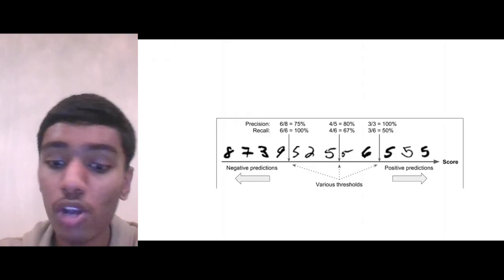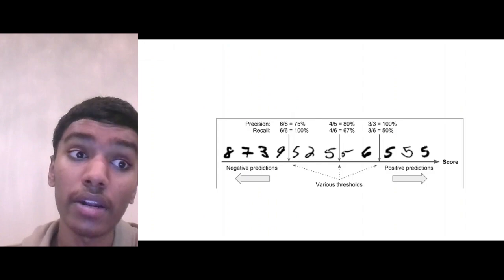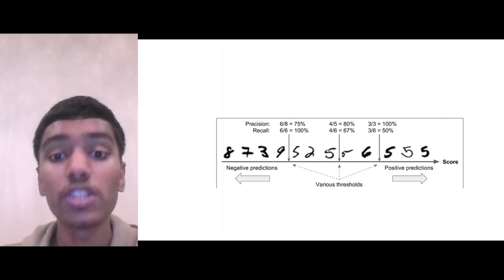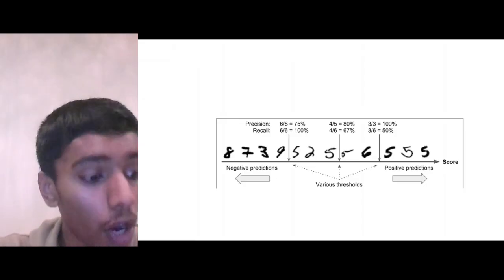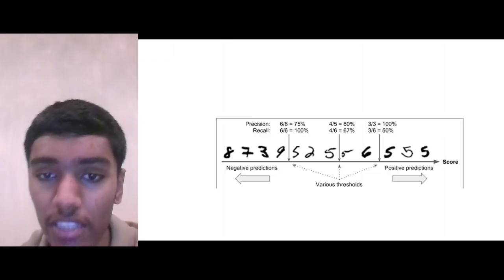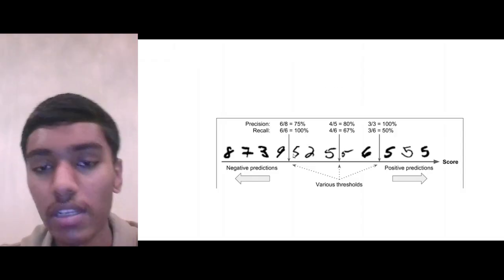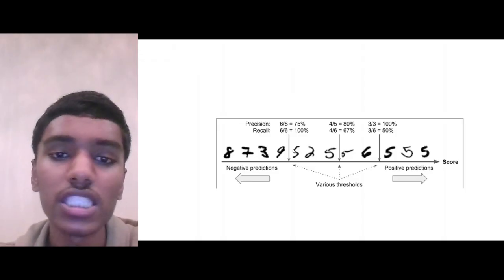And if more values are predicted to be true than are actually true, then the precision score goes down, but the recall score will go up, because of all the true values, more of the predicted values will fall above that threshold. So when we shift it to the left, you see that difference there.